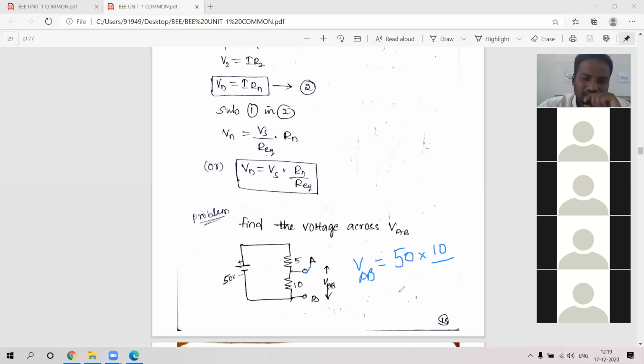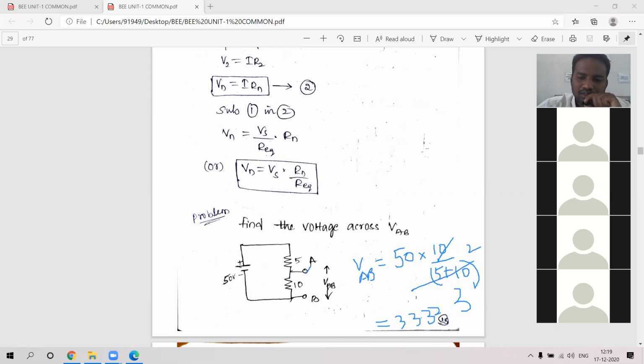How are they connected? 5 and 10 are connected in series, so 5 plus 10 is 15. That is 100 by 3. 100 by 3, how much?